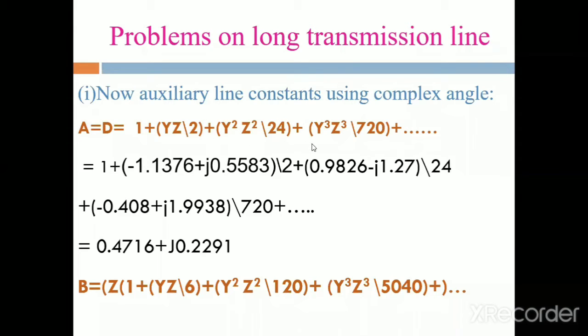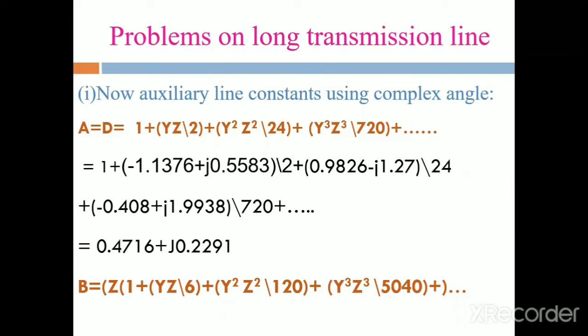That's why, for simplification, before solving the ABCD constants, we determine the values of YZ, Y square Z square, and Y cube Z cube. After that we calculate the auxiliary constants of a long transmission line.